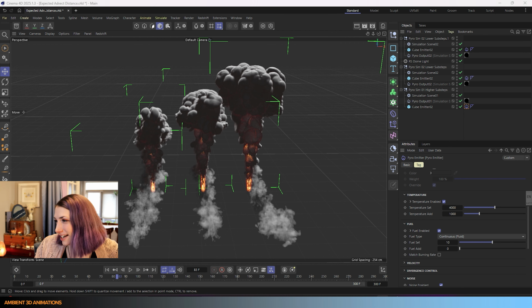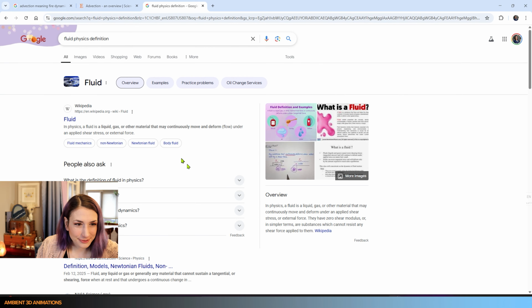So I have the definition pulled up here on Google. In physics, a fluid is a liquid, gas, or other material that may continuously move and deform, flow under applied shear stress or external force. So it can be a liquid or gas in terms of physics.